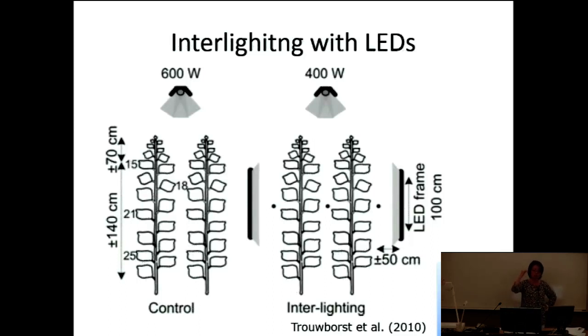So instead of placing high pressure sodium lower in the canopy, they reduced the power of the high pressure sodium from 600 watts, which is the usual wattage used in the greenhouse, to 400 watts, and then added an LED panel sandwiching a double row of the crop. And the energy intensity, meaning how many watts per square meter in that greenhouse, is about the same.